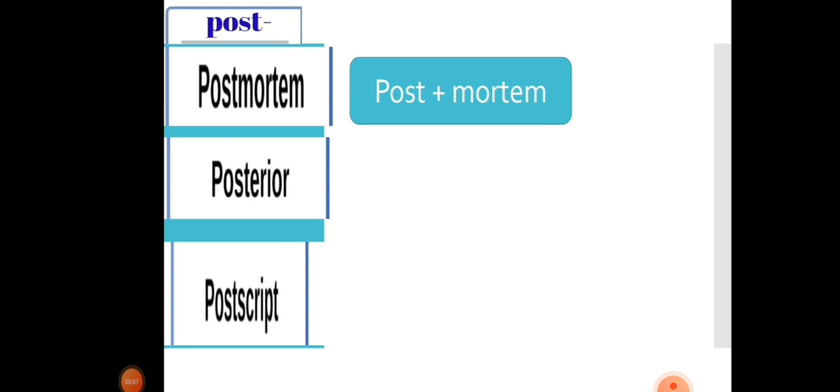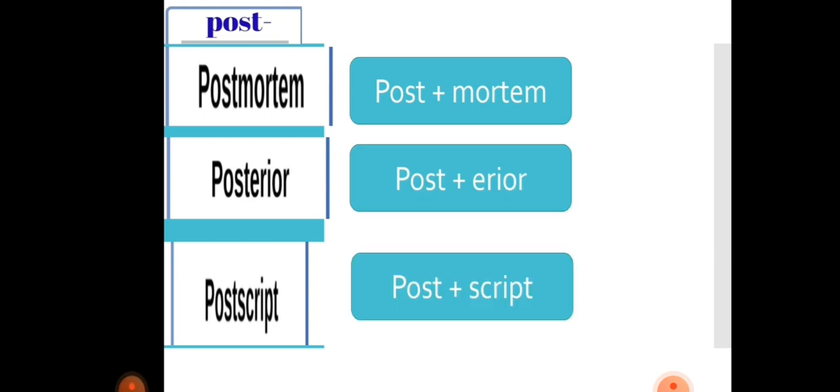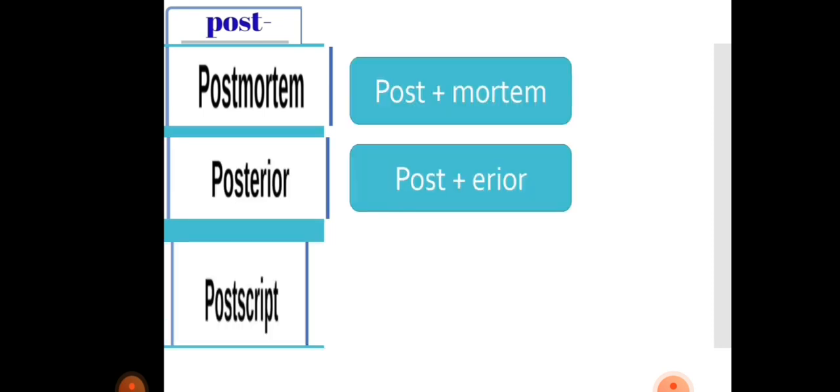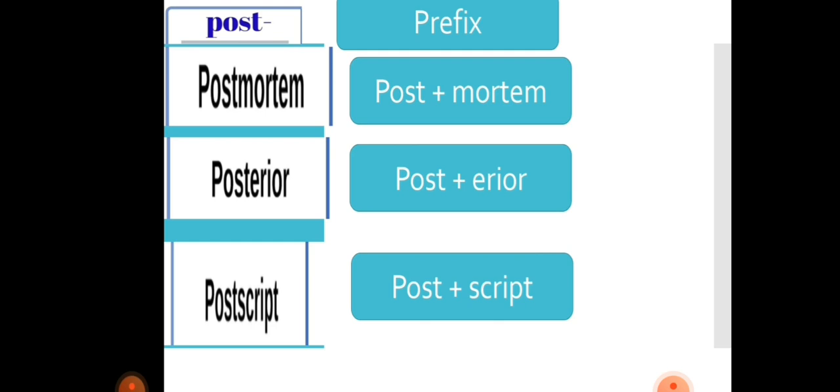Post plus mortem, post plus erior, and post plus script. You call all the post as prefixes. We'll move on to the next one, my dear students, and I hope you'll get a complete idea about this.